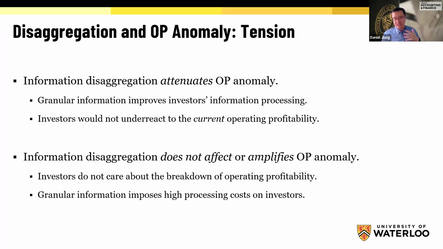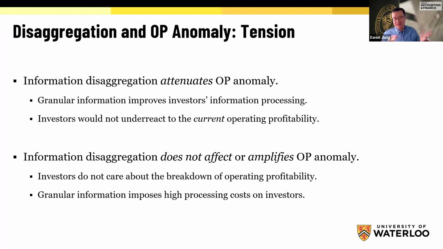We believe there are some tensions here. On the one hand, if more granular information improves the investors' information processing and allows them to better anticipate firms' future profitability, then investors would not underreact to the operating profitability in the first place. Therefore, if that is the case, we should observe an attenuation of the OP anomaly when there is more disaggregated disclosure.